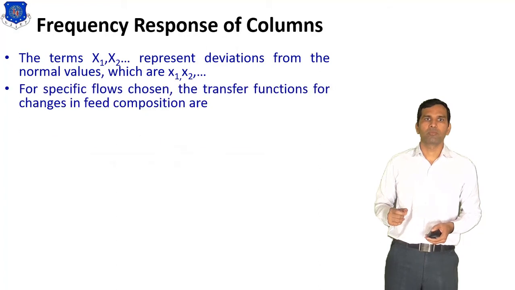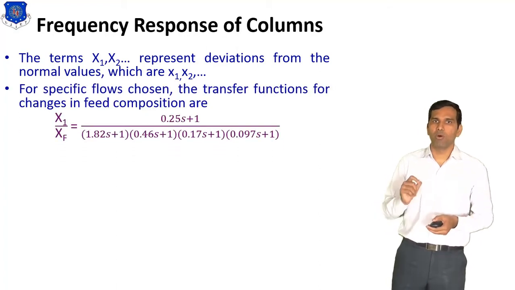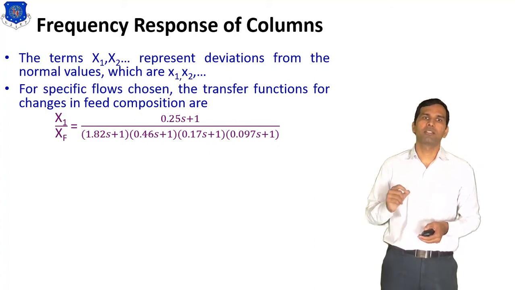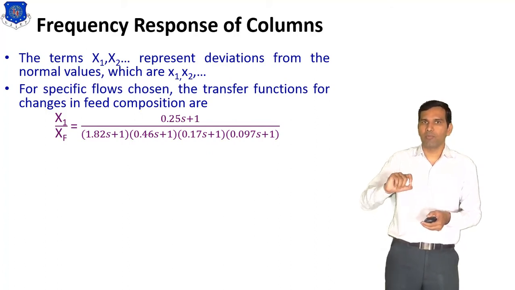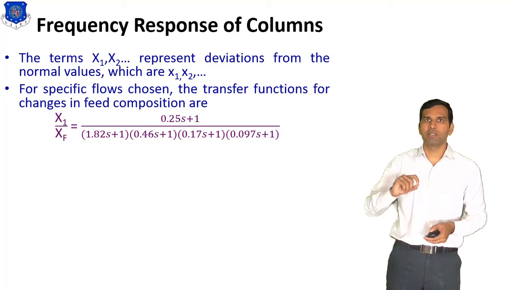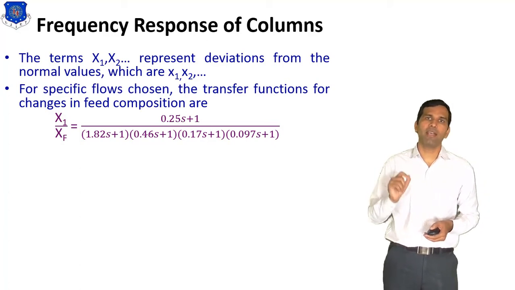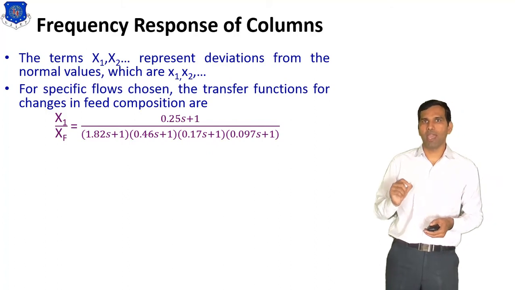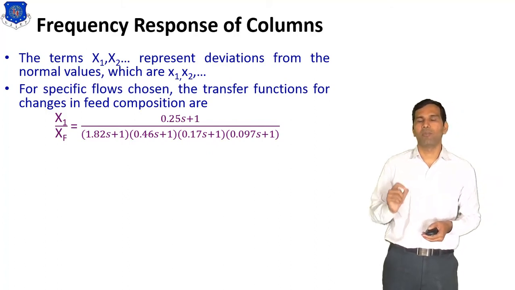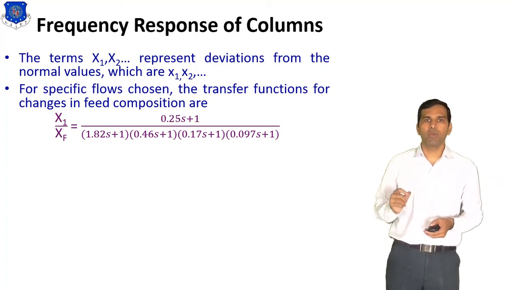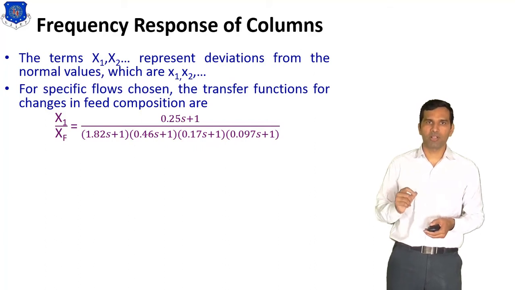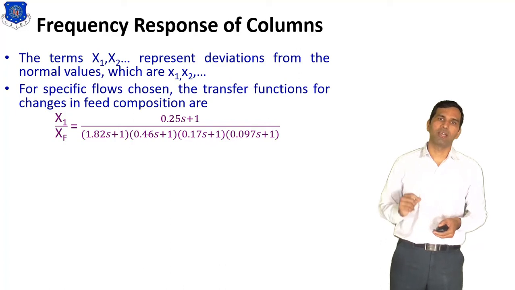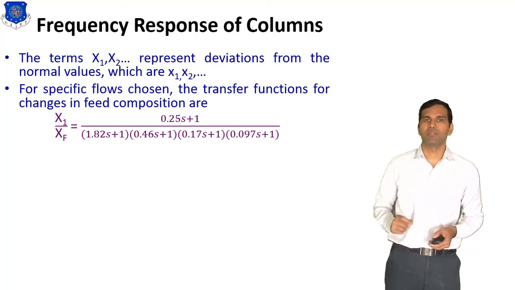Now, for the specific flow chosen, the transfer function for the changes in the feed composition are, that means the ratio of X1 by Xf is equal to (0.25s plus 1) upon (1.82s plus 1)(0.46s plus 1)(0.17s plus 1)(0.097s plus 1).